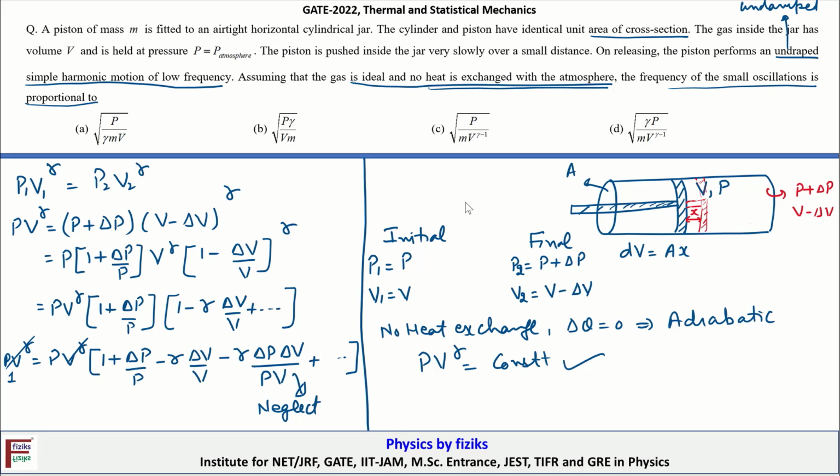So ultimately we are left with the expression 1 equal to 1 into 1 plus delta P by P minus gamma times delta V by V plus so on.